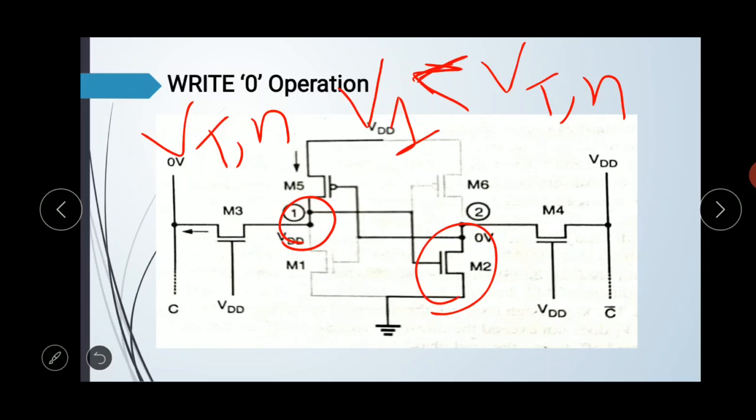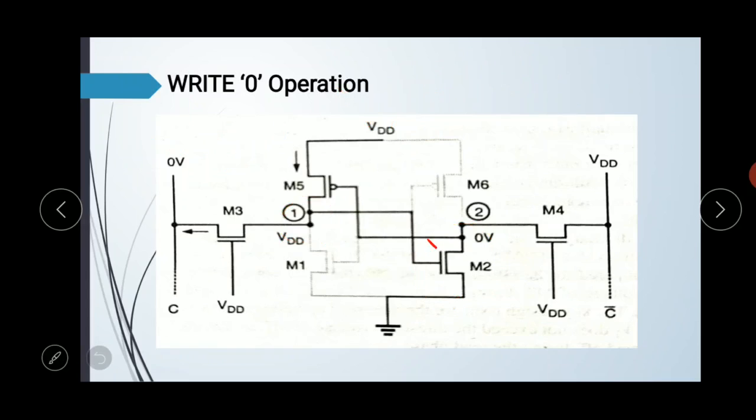When the V1 less than VTN condition occurs, then M2 is turned off. When M2 is turned off, it assumes that we have written our data in the memory cell.